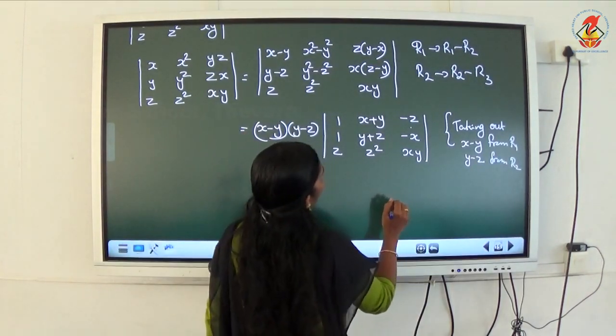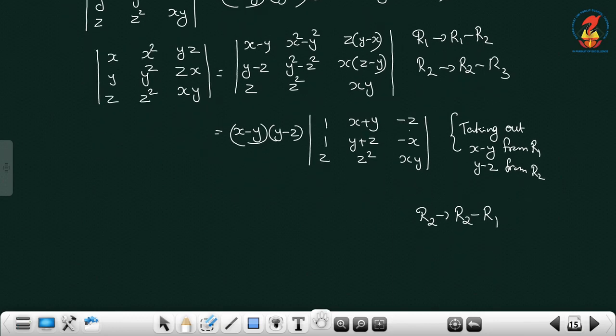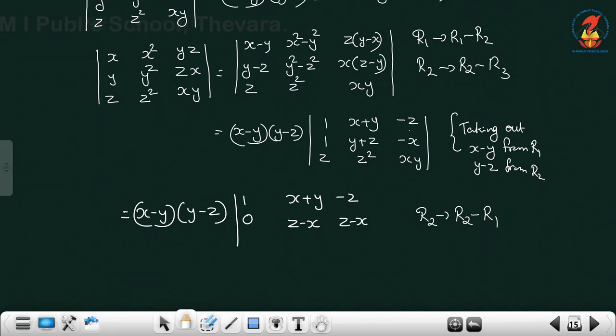Now, if there are two ones like this, convert one to 0 using the other one. That is, we can do R2 implies R2 minus R1, or you can do R1 implies R1 minus R2. In the question, it is z minus x, so you have to do R2 minus R1. So x minus y into y minus z into determinant 1, x plus y minus z, 0; subtract, y cancels, z minus x, then again z minus x, z square, xy.